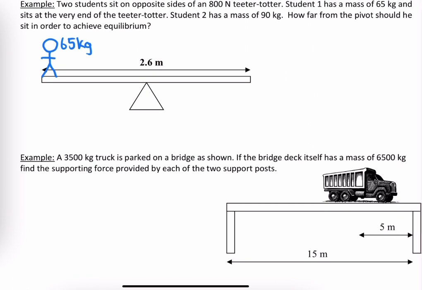So I think we know if my heavier student with 90 kilograms goes all the way at the end, the teeter-totter on their side is going to sink down. But if we want to keep this teeter-totter perfectly balanced in rotational equilibrium, the student might have to sit somewhere closer to the middle, over there. We don't know exactly where yet, so let's draw them in somewhere, and then we'll figure out the exact location.